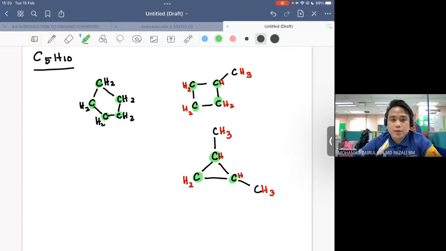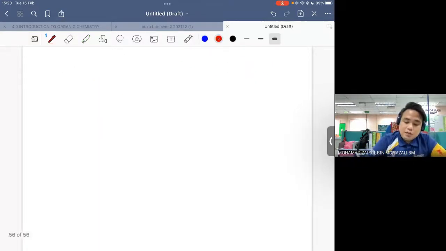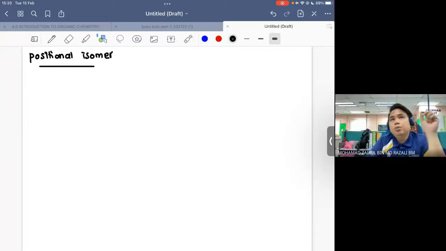Okay. Okay, so now kita tengok pula a positional isomer. So what is the difference between a chain isomer and also a positional isomer? Kita tengok apa je beza dia. Okay, tadi dalam chain isomer, what we do is we shorten or we reduce the size of the parent chain.